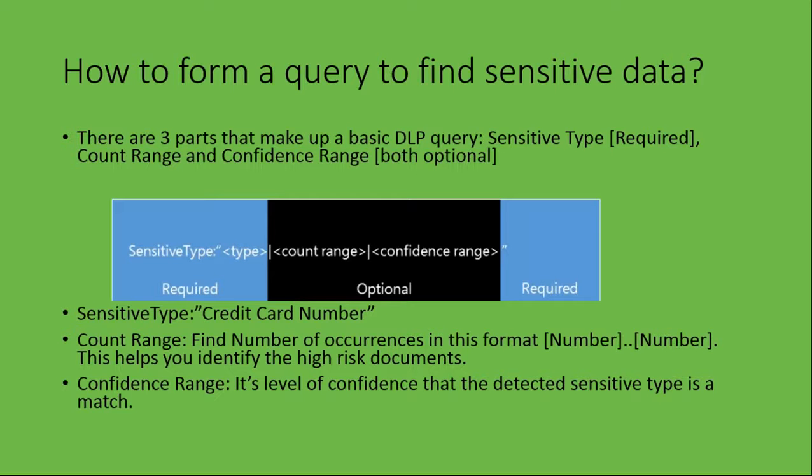So with 5 or more, or between 5 and 50 credit card numbers, you can report this document as sensitive. That is one type of range. Another is the confidence range. As I explained earlier, between 1 to 100% we can specify any range, like 1 to 50. I'll show you how to specify these ranges in the query.